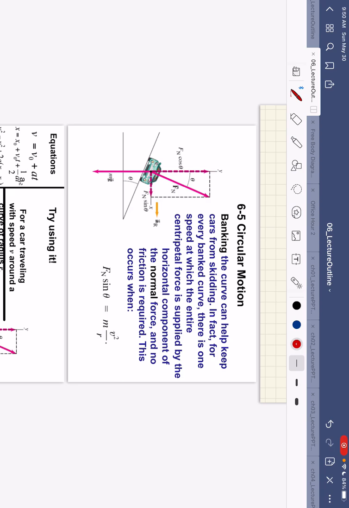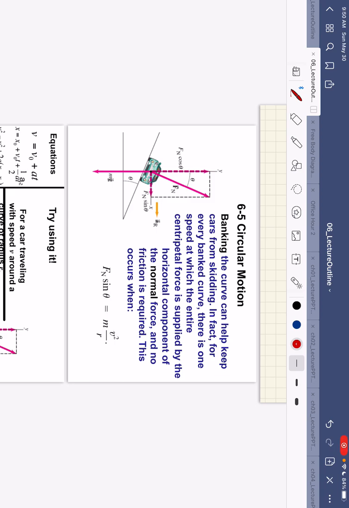Now, if we are banking the road, it means we are taking that curve and making it at a certain angle theta. Banking the road means having an angle for that. We are going to make it so that most cars do not skid.